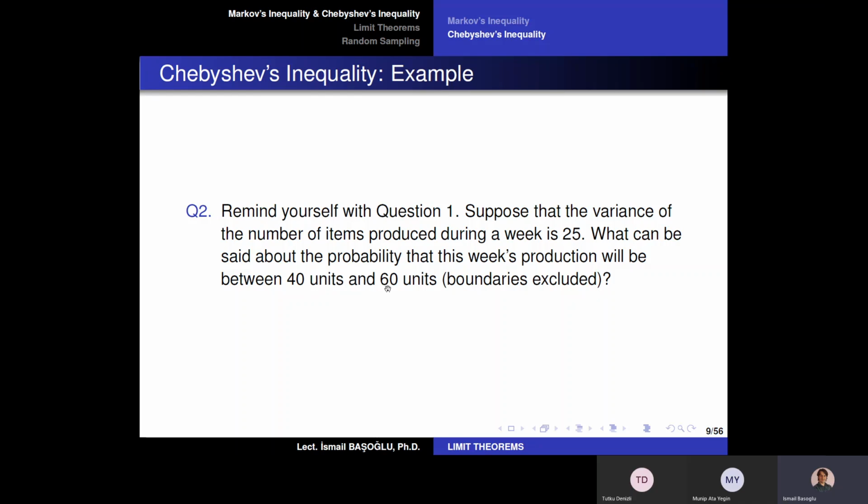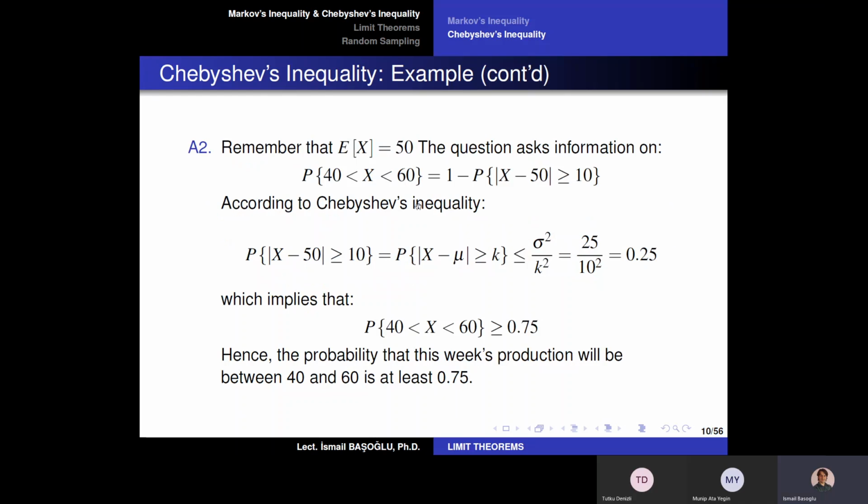So 40 and 60 are not counted. What is the probability of the number of units manufactured next week being between 40 and 60?